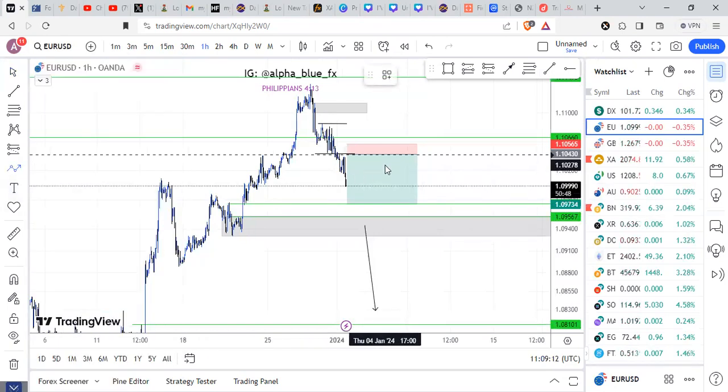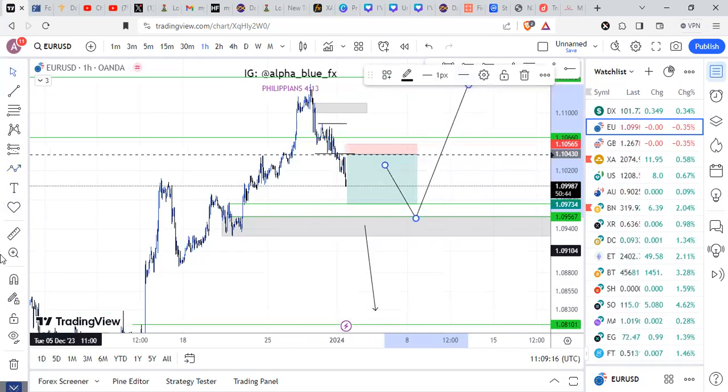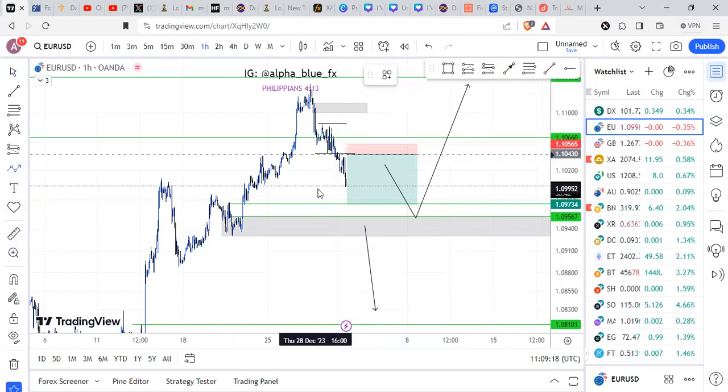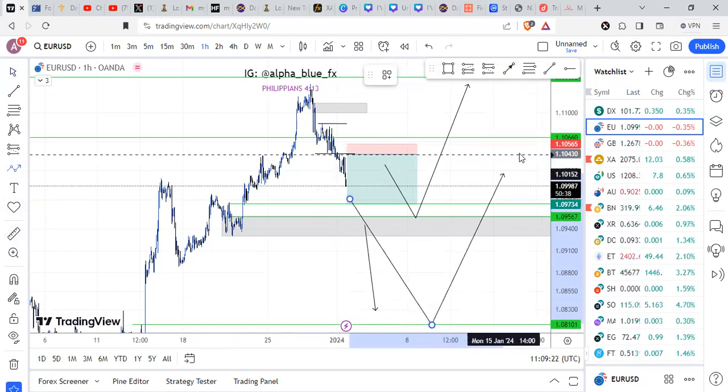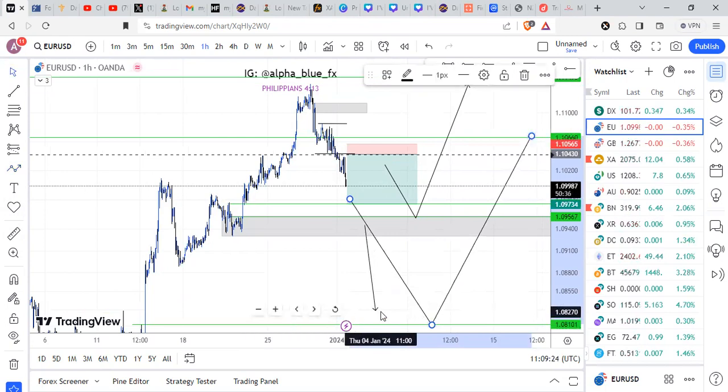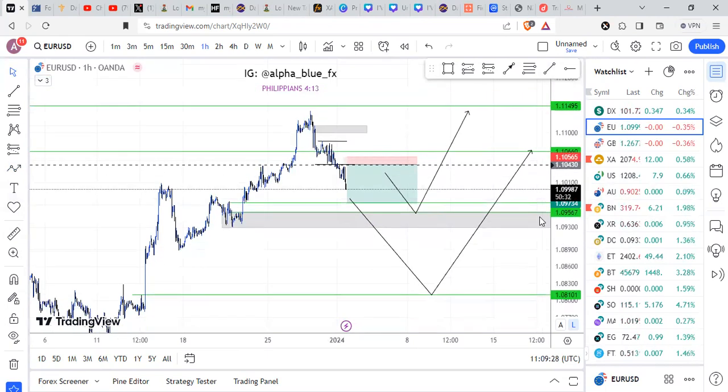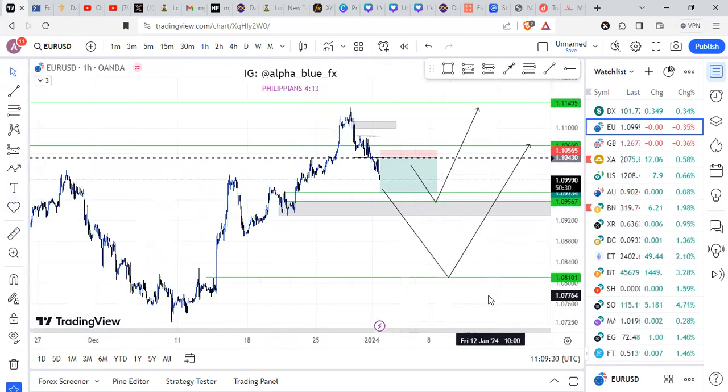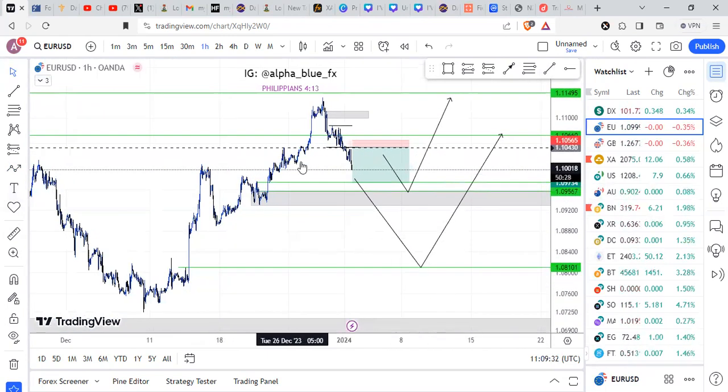It's either price comes to this demand right here and continues the bullish move, or it just breaks through, comes here, and then continues the bullish move. So either of these two demand areas will play out, right? But for the meantime, we're looking to sell.